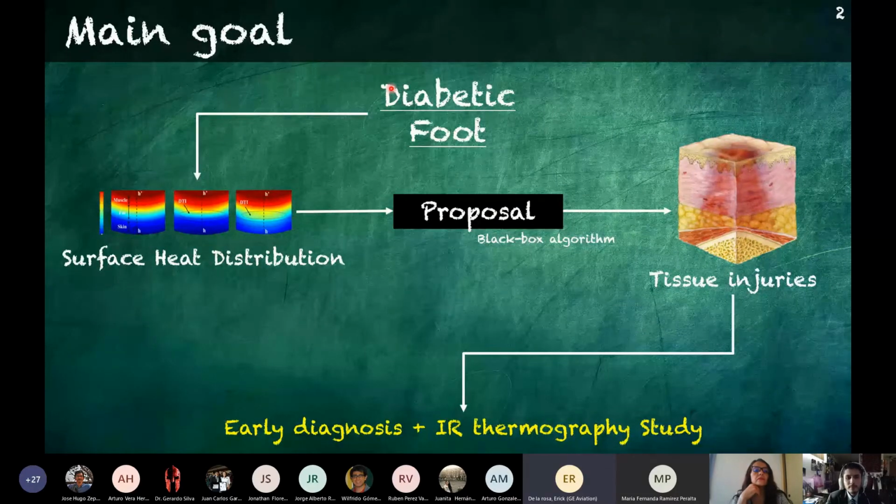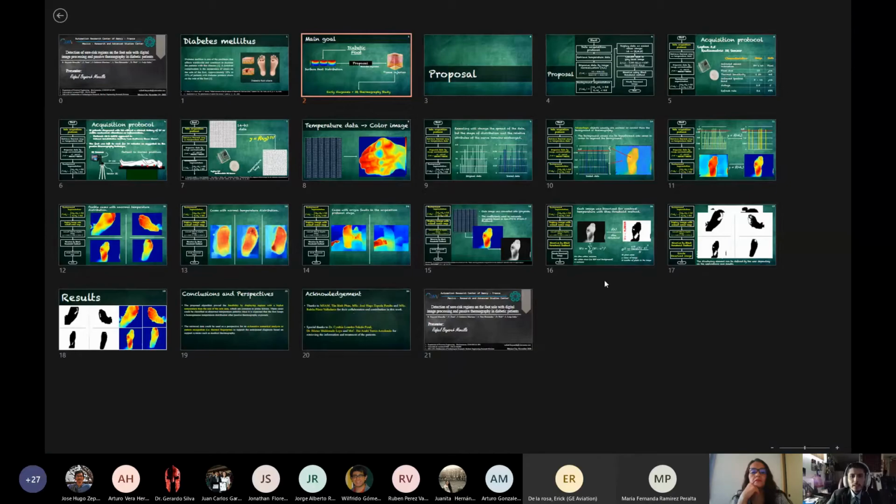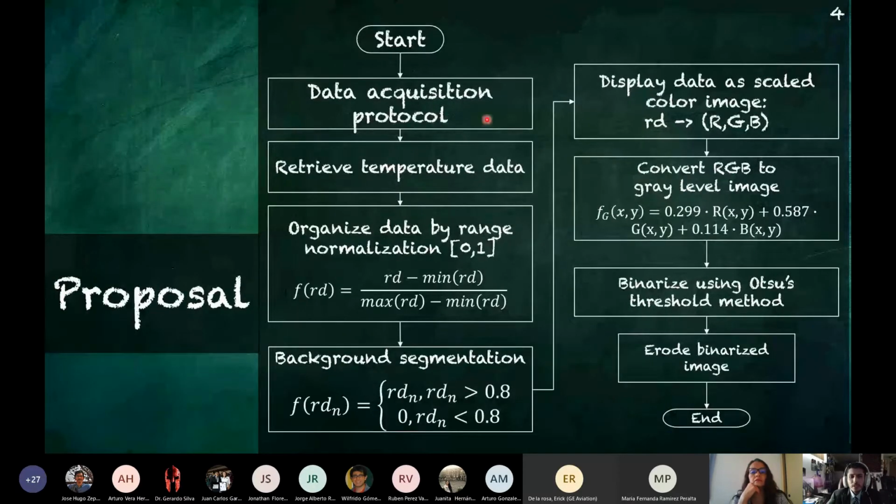Why do you think it's a black box algorithm? Yeah, I presented it as a black box algorithm because the input we have in this stage is first radiometric information. They are data and not an image. But after the data is processed by our black box algorithm, at the end we will have a binarized image.